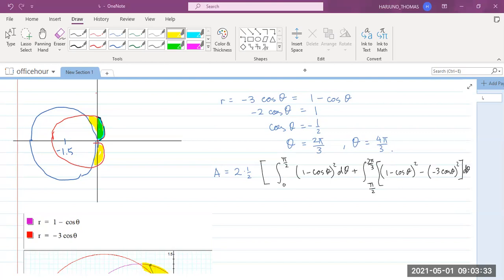Then that's a mistake. That's a very big mistake. So it should be this one. The setup should look like this.